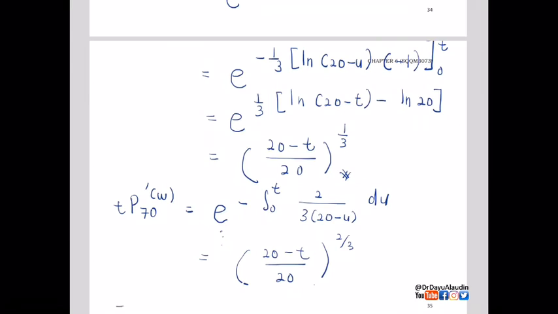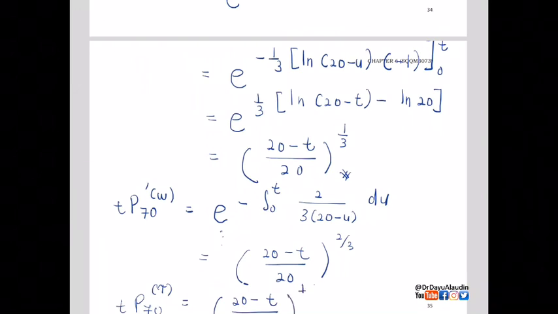So now we can find tPx tau by multiplying tPx prime for death with tPx prime for withdrawal. So we get 20 minus t over 20.